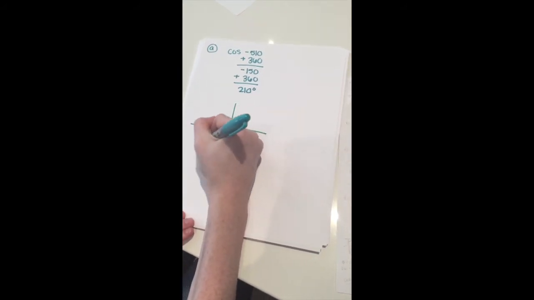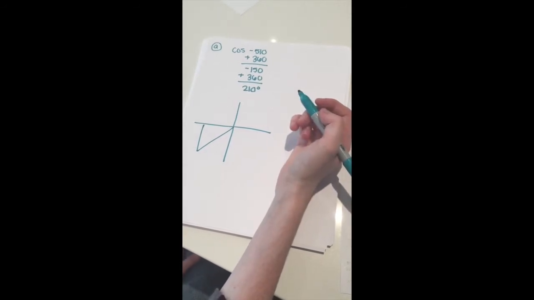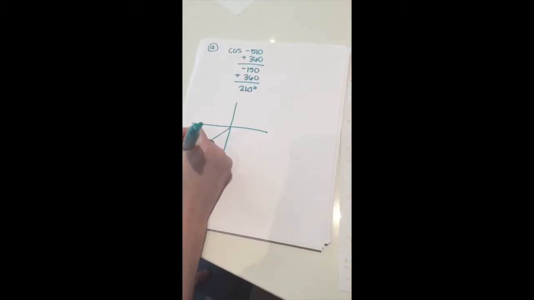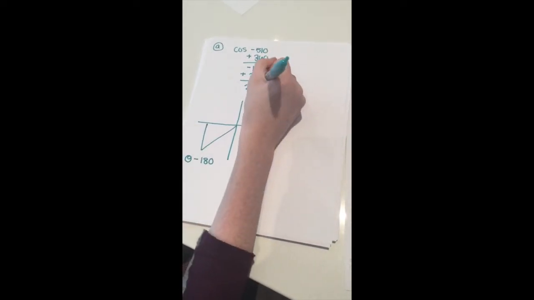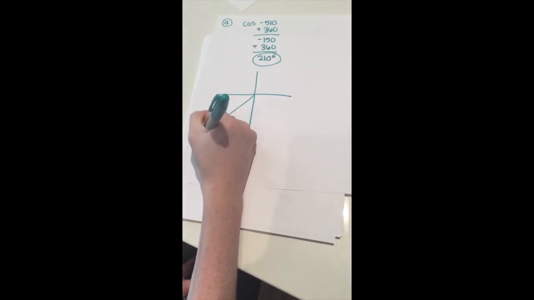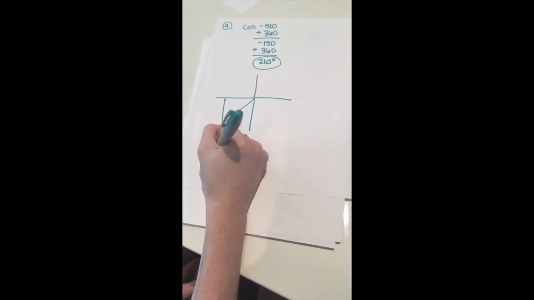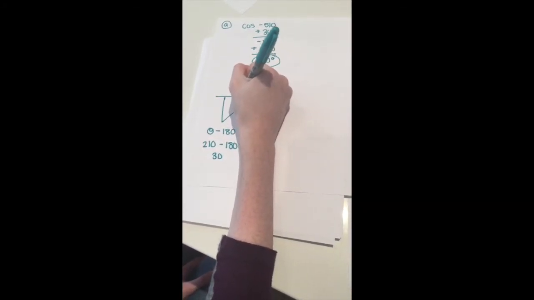So we're going to make our triangle. And now we want to know what our reference angle is. So we know in that quadrant, it's theta minus 180. Our theta in this case is 210. So we're going to do 210 minus 180, which equals 30. So we know that our reference angle is 30.